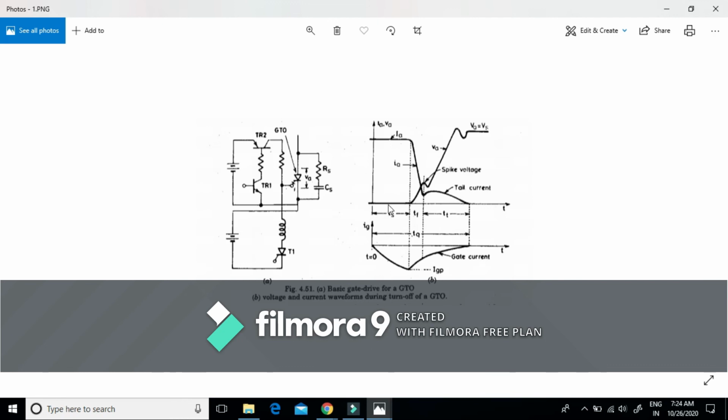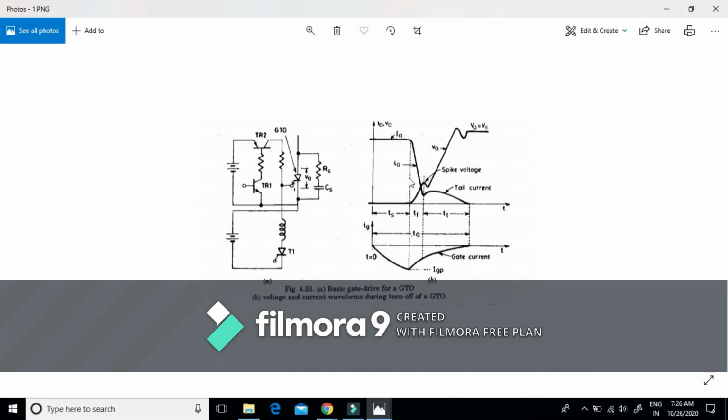That's why I'm saying during this storage period, these values are still constant, and the end of the storage period starts with the fall of anode current and the rise of anode cathode voltage. This storage period sustains till the negative gate current reaches its peak value.